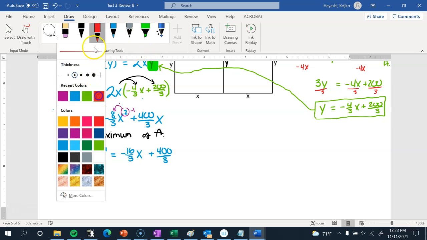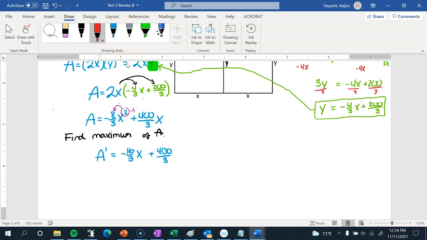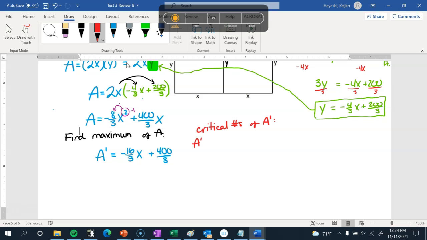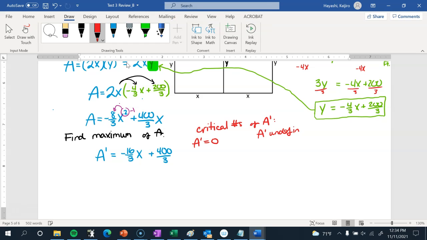Now we want to find the critical numbers of A prime. Those will occur whenever A prime equals 0, or possibly when A prime is undefined, but we'll see if that happens.